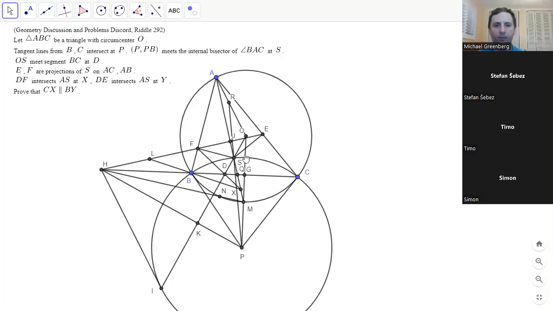Yeah, so basically we don't really need point O is what you're saying. We could just draw this circle right here, if G is the midpoint of BC. But yeah, we'd want to use that fact.